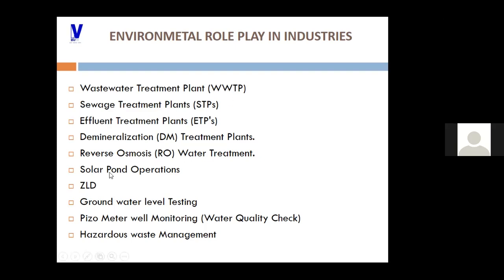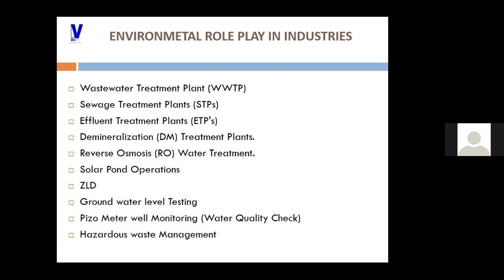Another one is the effluent treatment plant. This is one of the important activities. Effluent treatment plant means, if you are running an industry, based on your process and operation, you use water, and after usage, if any waste is observed in that water, it is called effluent water.